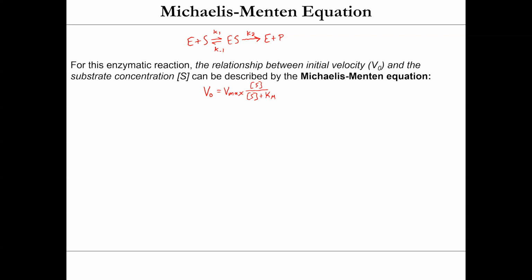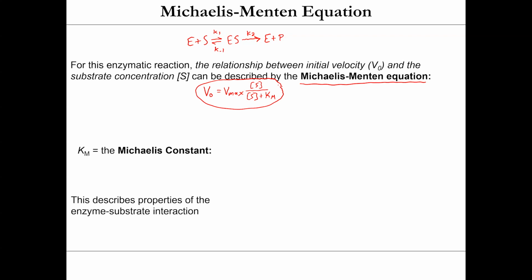So this is the Michaelis-Menten equation, and it allows us, as I said, to understand the relationship between the initial velocity of an enzyme catalyzed reaction and the substrate concentration in that same reaction. So the Km is the Michaelis constant.